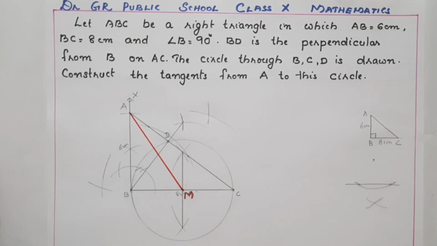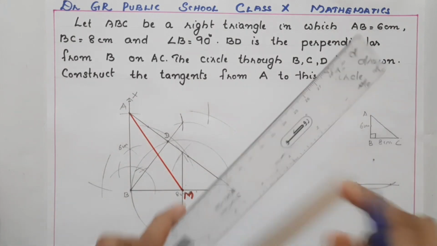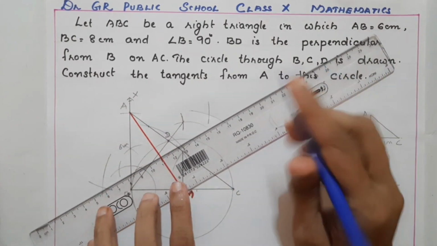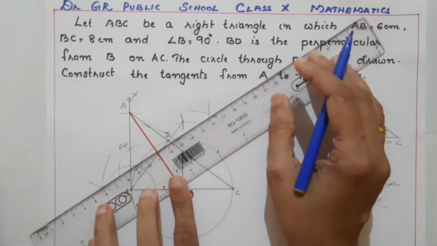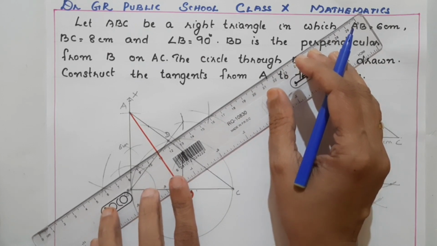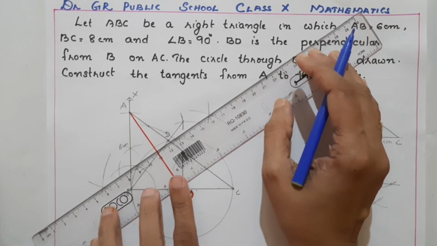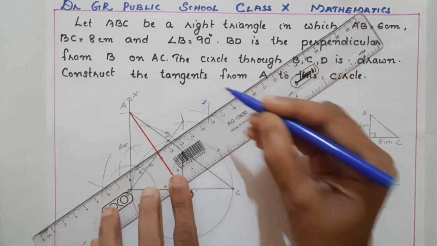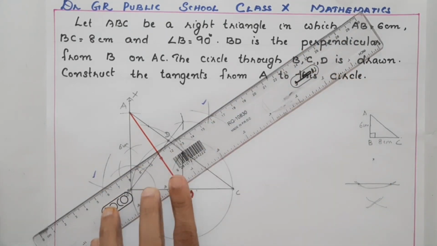Now we have to join this perpendicular bisector. This is one point. Don't get confused with the arcs, because here you can see so many arcs. This one is the new points of intersection.